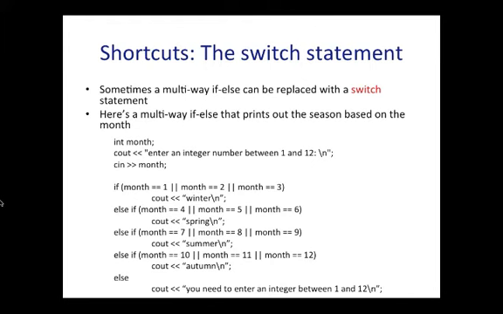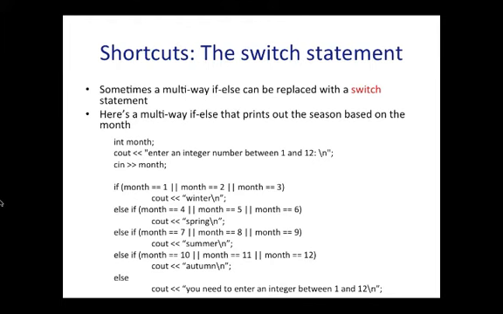Or if they don't enter a number between 1 and 12, then we're going to tell them they need to enter an integer between 1 and 12. At least some people would say this is somewhat tedious and hard to read.